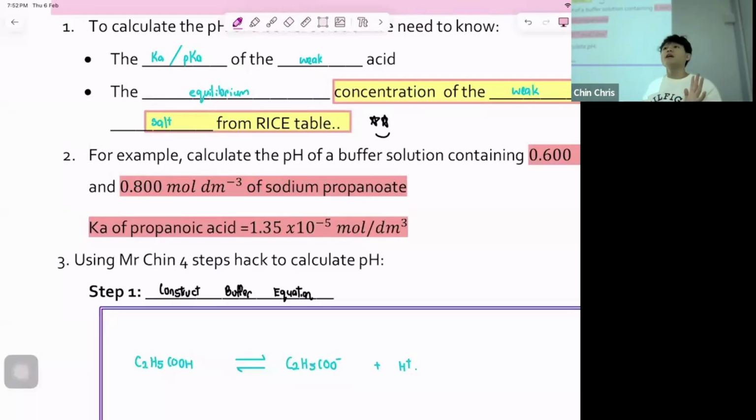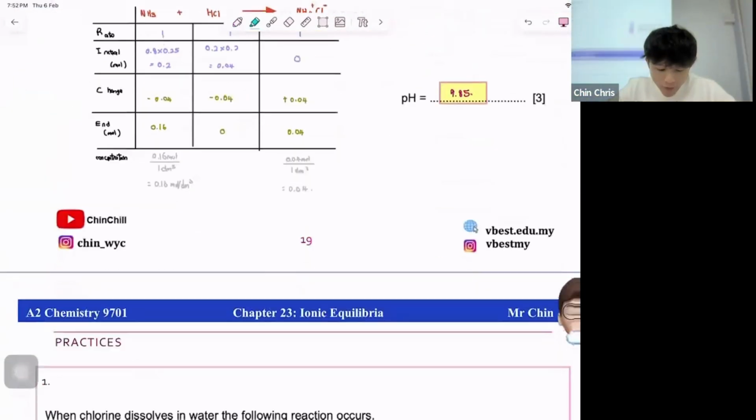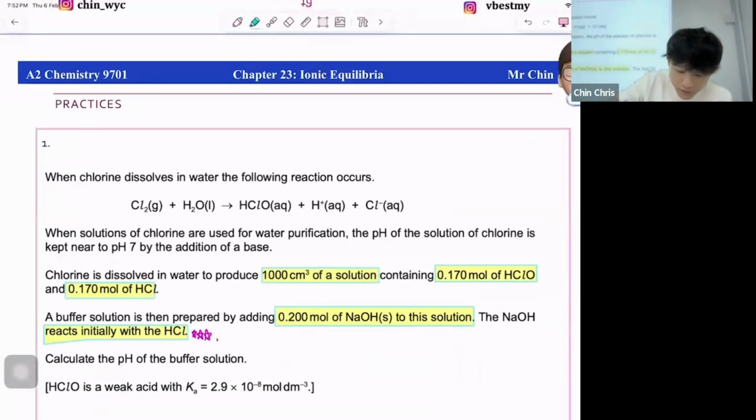Guys, how do we make a buffer again? To make a buffer, we need a weak acid and its conjugate, a salt. Remember, weak acid and its conjugate. Now please tell me, what is the weak acid that we have? We have HClO and HCl. Which one is our weak acid? HClO. Don't tell me HCl.